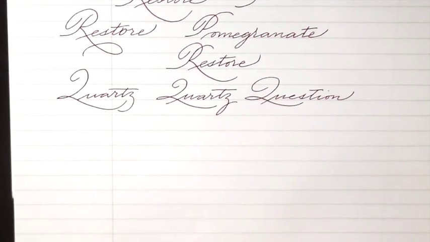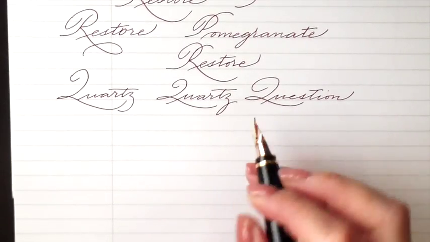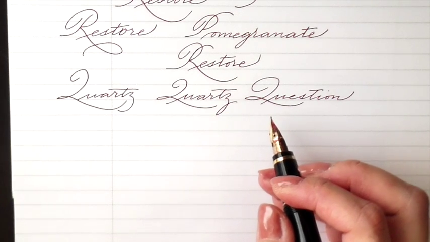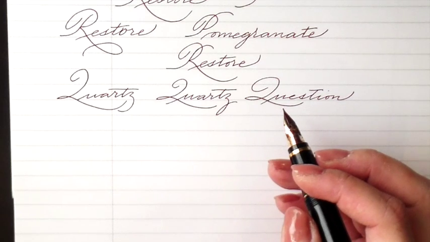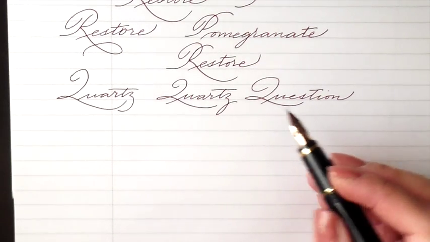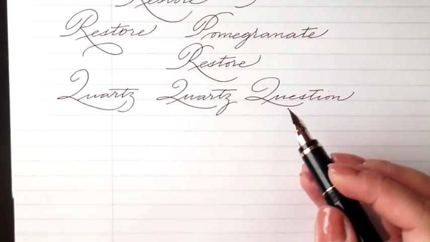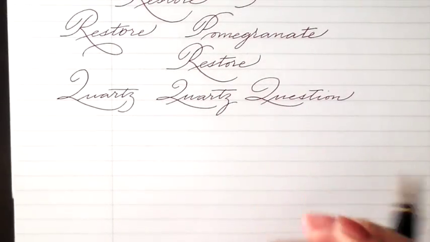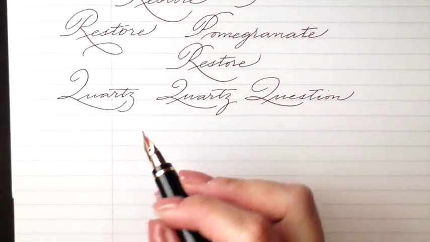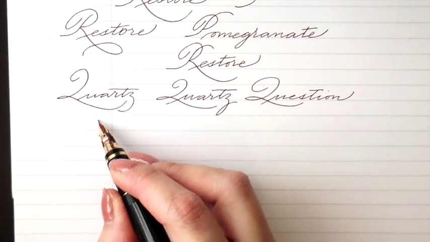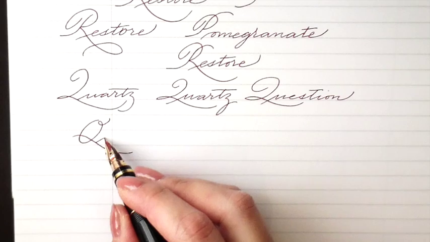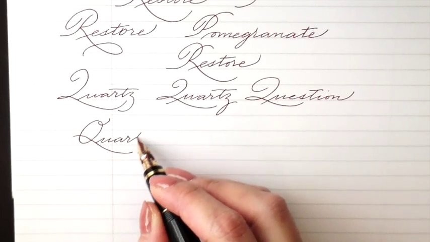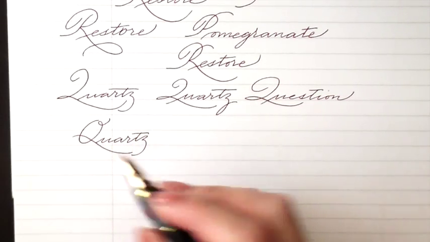Sometimes when I'm writing wedding vows or something with a Q, I try not to use this Q because no one can read it, even though it's for real. I just do this instead. I do an O and I cross it like that. Okay, now it looks more readable, right?